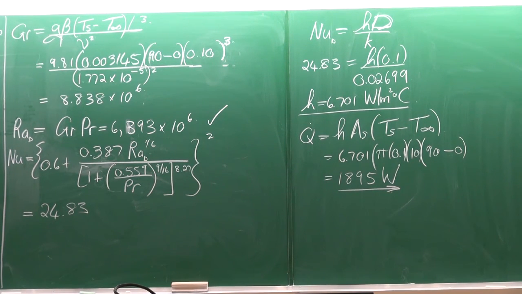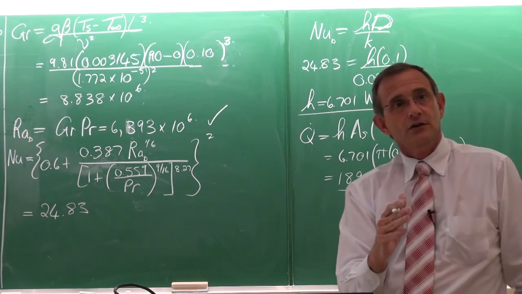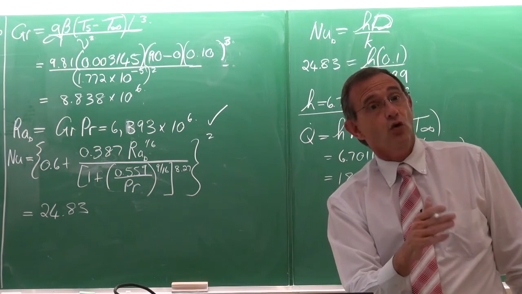I know it's not really correct, but except for that, there's something else. Do you remember in chapter 1 you did radiation heat transfer? Somewhere in the work that we've done, we've neglected radiation heat transfer. But with natural convection, radiation heat transfer is usually significant. You cannot neglect it normally.